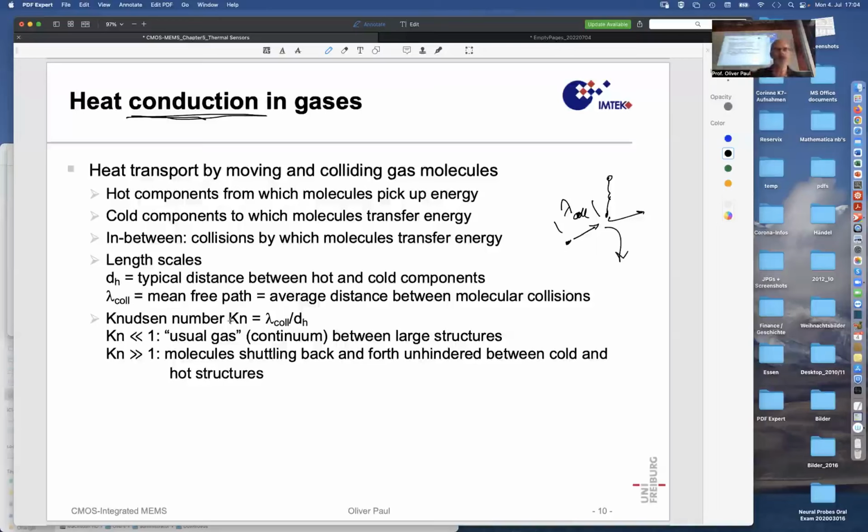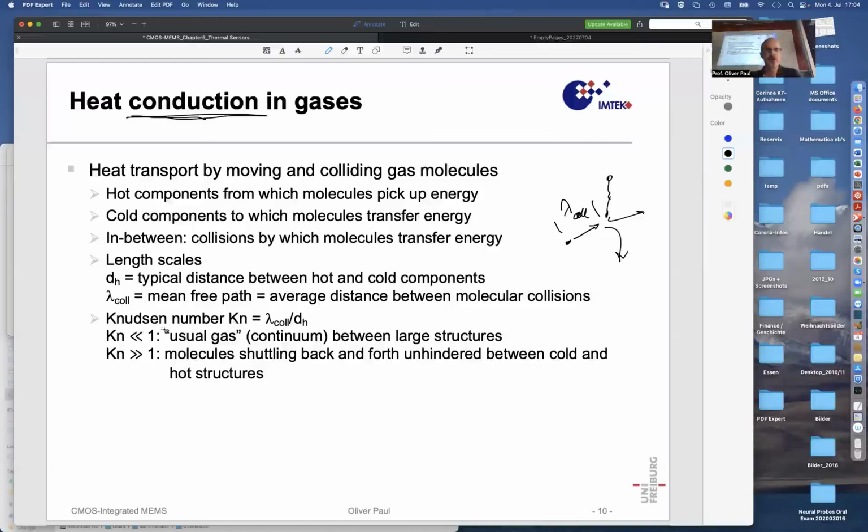And that ratio of the collision distance divided by the typical distance over which heat is transferred is a well-known number in the theory of heat transfer. It's called the Knudsen number.